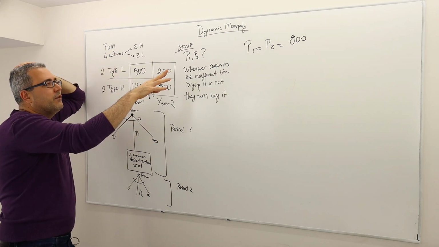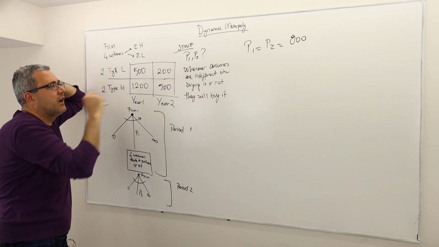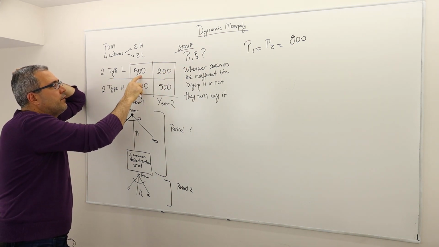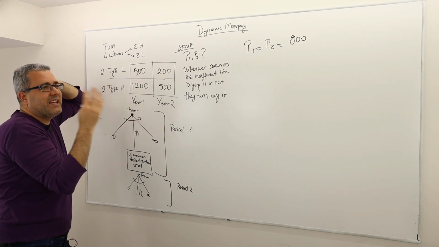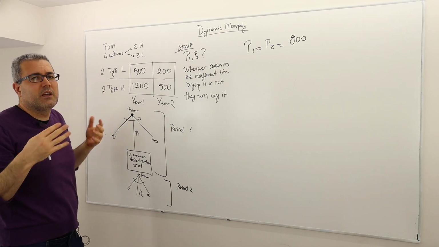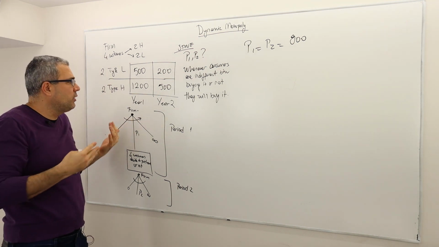So if I buy this smartphone this period, P1 is 900. I'm going to receive 500 plus 200 benefits, 700, minus 900. So it's minus 200 net benefit. If I do not own this cell phone, my utility is zero.